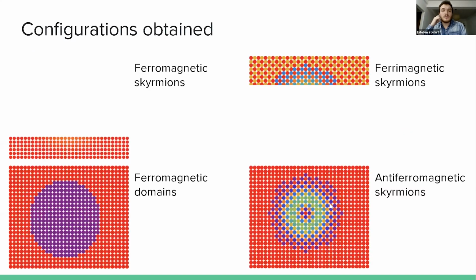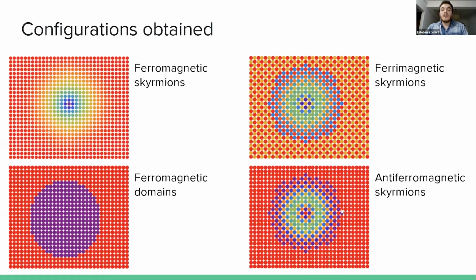Here are the configurations we obtained. We compare the results for skyrmions with ferromagnetic domains, inspired by the potential application of skyrmions in racetrack memory devices, as I mentioned before.